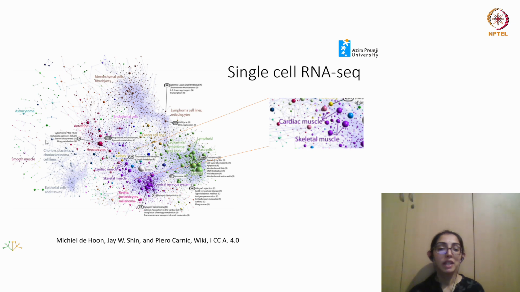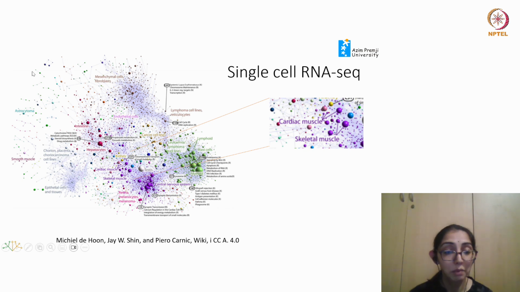Okay, I just want to end with one more very interesting application of sequencing, and that is single cell RNA sequencing, also called RNA-seq. This is an atlas of single cells whose RNA expression profiles have been sequenced, right?